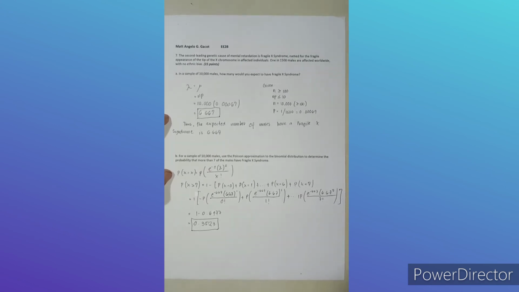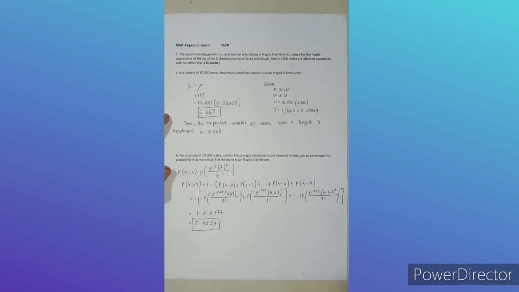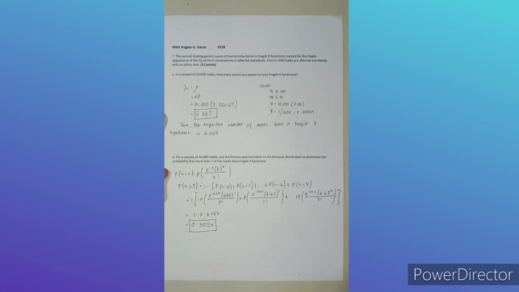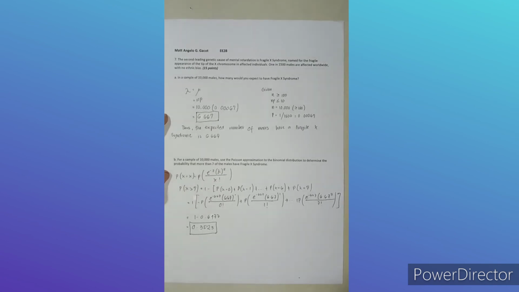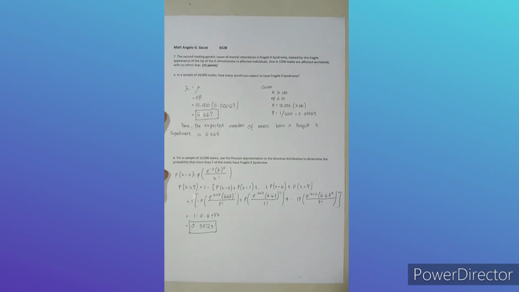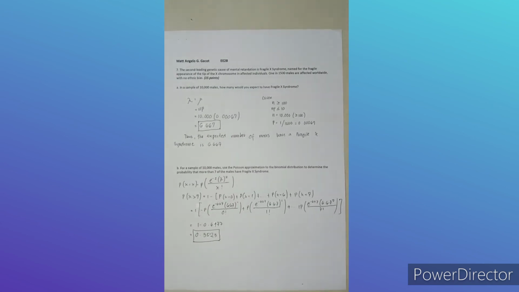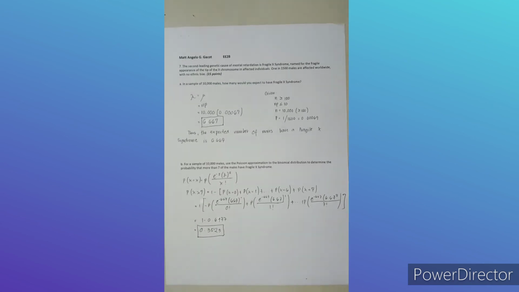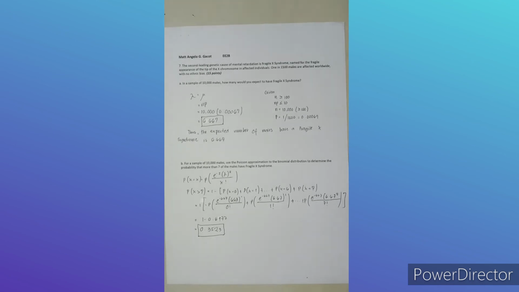So given that n is greater than or equal to 100 and np is less than or equal to 10, np is 10,000, or greater than or equal to 100.